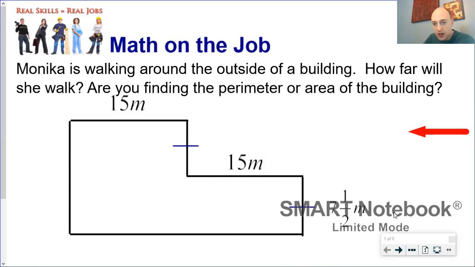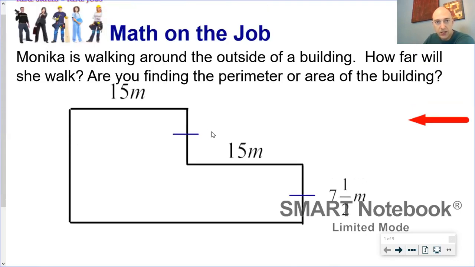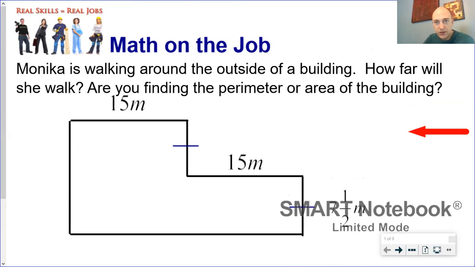So what you might have some trouble seeing right here is this 7.5 meters, which is for this length here. Notice we have this blue line up here, which means that on the outside, we also have a 7.5 meters here.